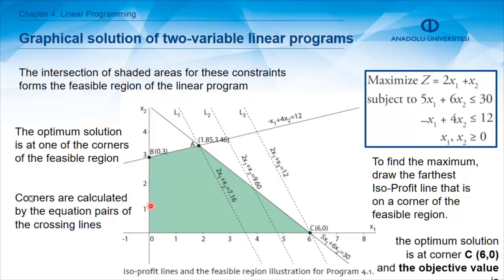To find the maximum among these corners, we draw the farthest isoprofit line that touches a corner of the feasible region, and in this problem it is corner C with the values of 6 for x1 and 0 for x2, and the objective value is 12. This is the optimum solution, obtained by a two-dimensional graph.